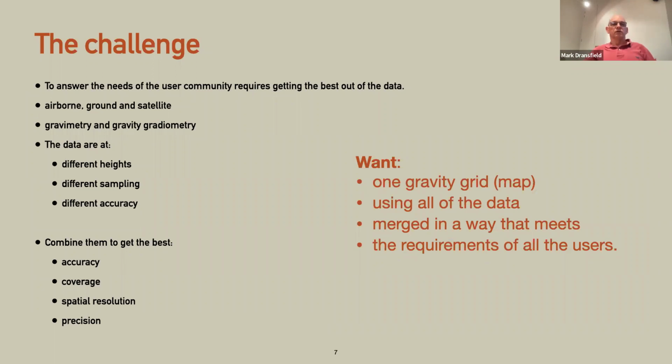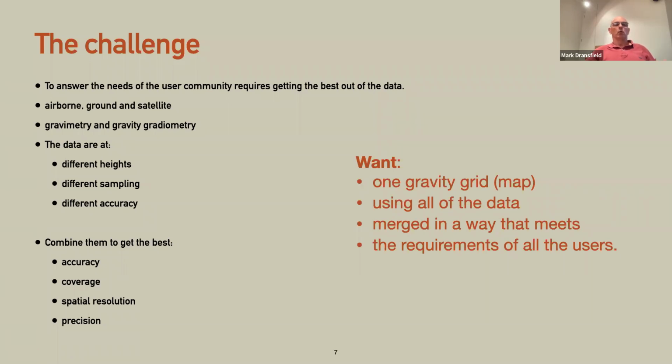So there's a challenge here. To answer the needs of that broad user community, we want to try and get the very best out of the data. But we've got data in the air, on the ground, from satellites. We've got data collected by gravimeters and data collected by gravity gradiometers. The data are at different heights, different sampling rates, and different accuracies.